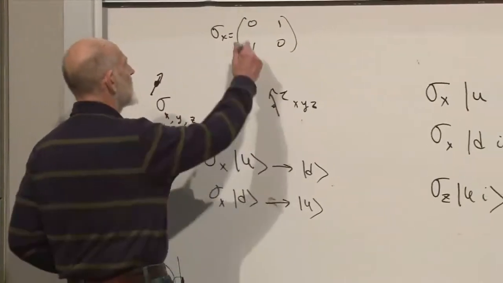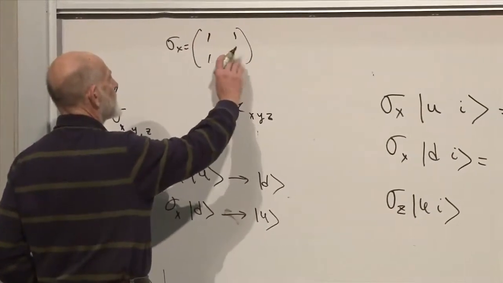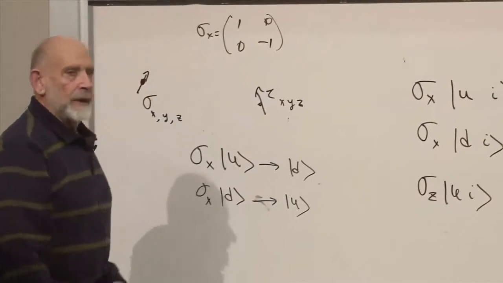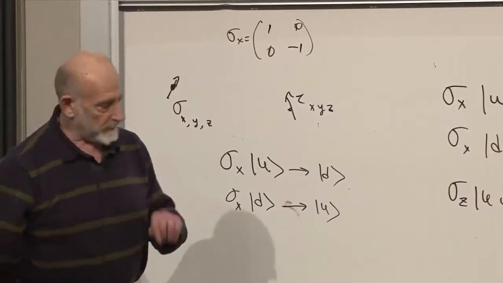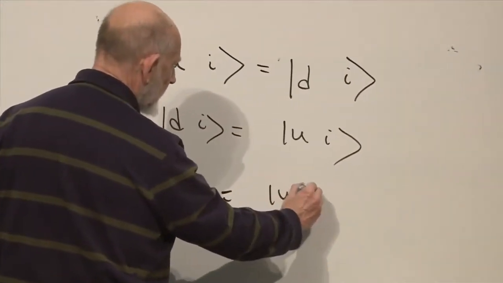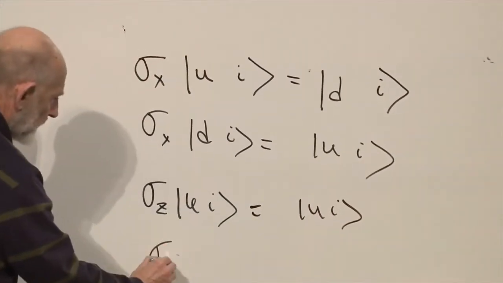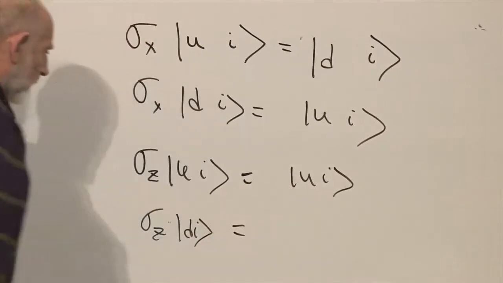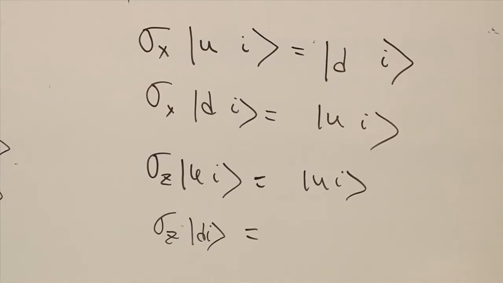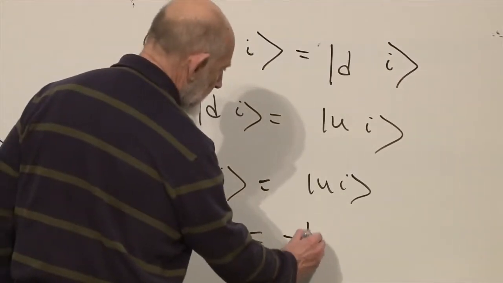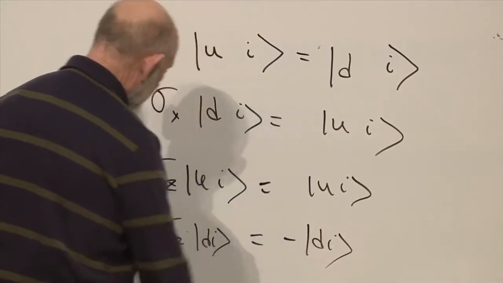Sigma z is 1, 0, 0, minus 1. It just gives back up with value 1. So that's just up I. And what about sigma z on down I? Well, what happens when sigma z hits down? Minus down. So this gives minus down I.